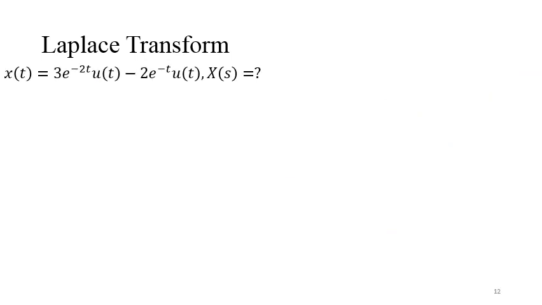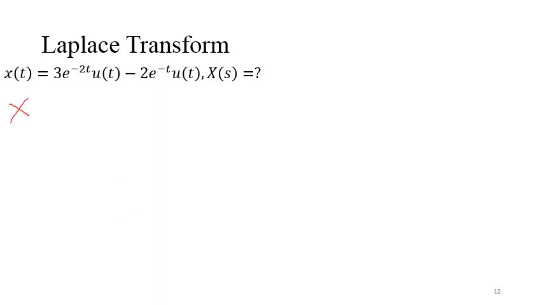So let's consider the next example where we have two exponential signals, or the summation of two exponential signals, right? So let's find the Fourier, not Fourier, in fact Laplace transform, right?